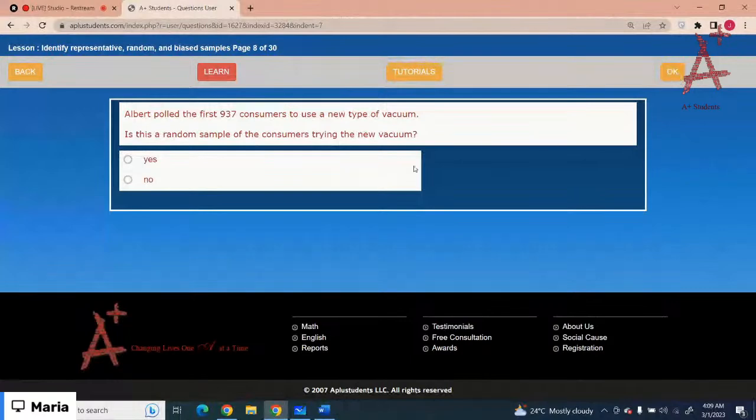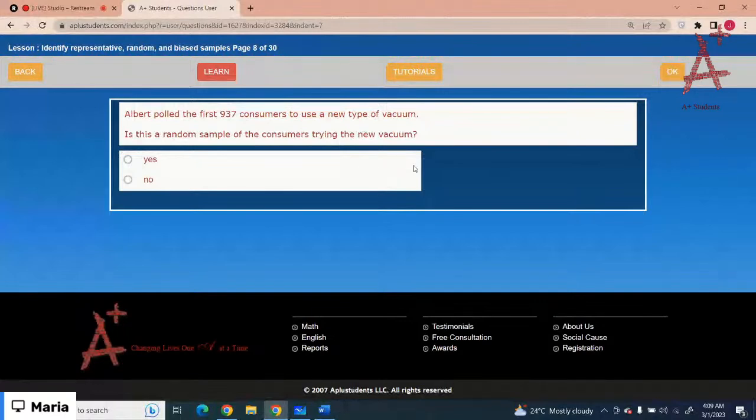Albert polled the first 937 consumers to use a new type of vacuum.